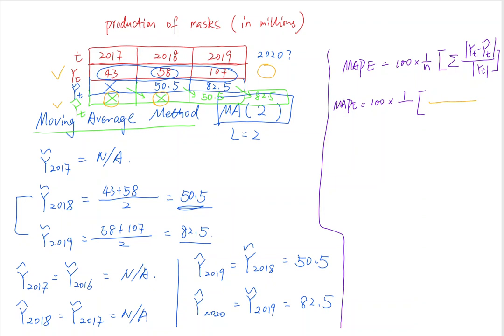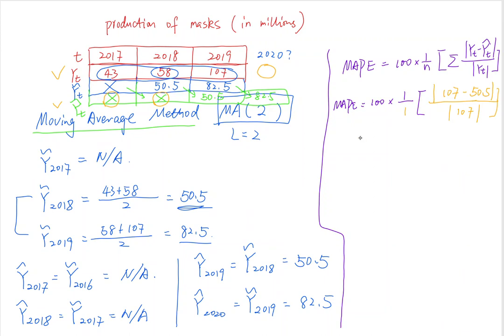Then in this parenthesis, it's just the absolute value of yt, which is 107, minus yt hat, which is 50.5, divided by yt, which is 107. All right, so that means in this parenthesis, you only have one pair. Then what is n? 1.